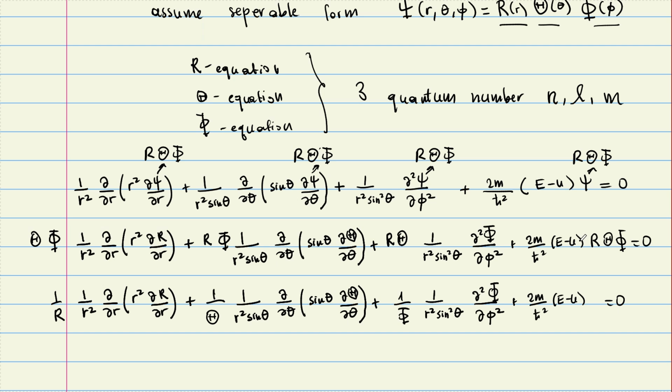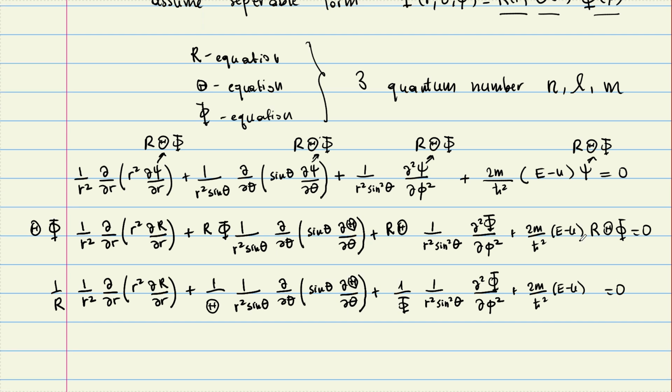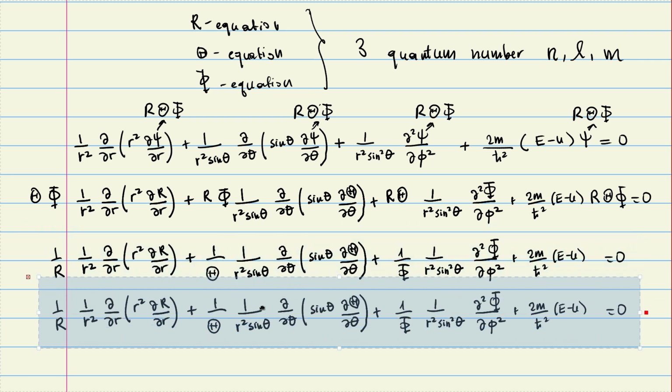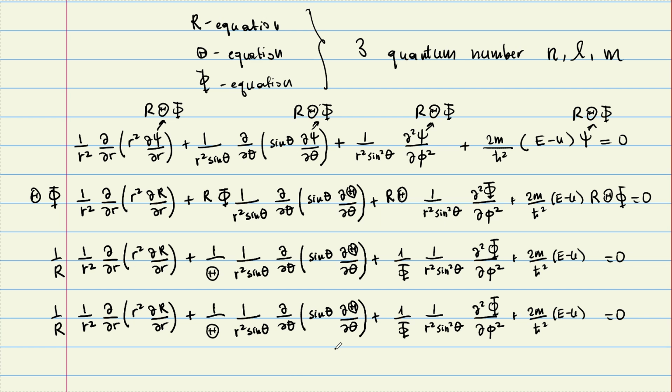And now I want to multiply this entire equation by r squared sine squared theta, so that I can take this out and isolate this term. So let's also do that. I'm going to copy. So this r squared sine squared theta is going to go from here.